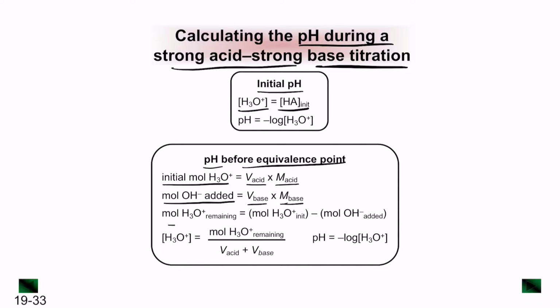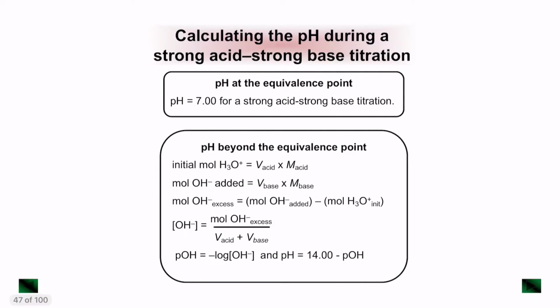Finally, the amount of H3O+ remaining equals the initial amount of H3O+ minus the amount of OH- that you have added. To calculate the H3O+ concentration, it is the remaining amount of H3O+ over the volume of the acid plus the volume of the base. From that, we can find the pH of the solution. The pH is about 7 for a strong acid, strong base titration at the equivalence point.